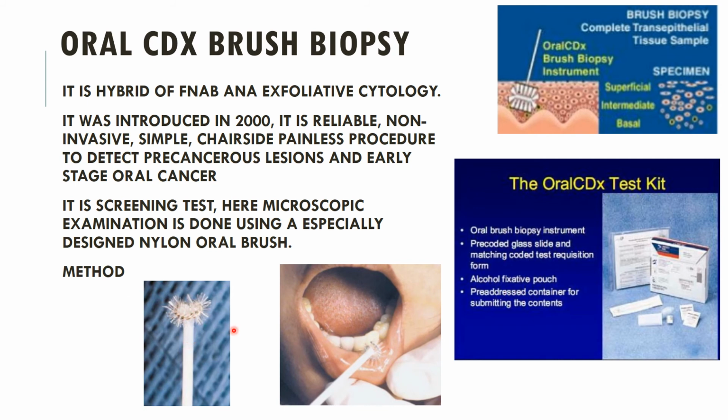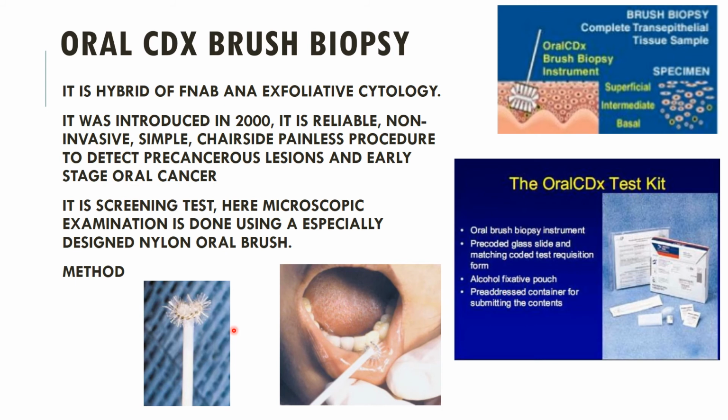Then the cells are fixed on the slide using alcohol fixation, and they are sent to the oral scan laboratory for computer image analysis, that is the assisted identification and display of the abnormal cell. So this is how your oral CDX brush biopsy works. A printout of the color image of the cellular abnormality with an accompanying explanation is given.